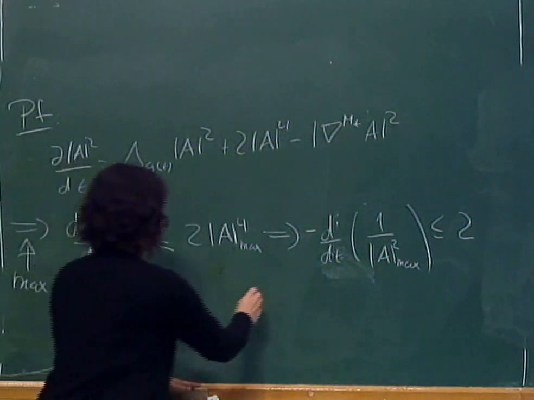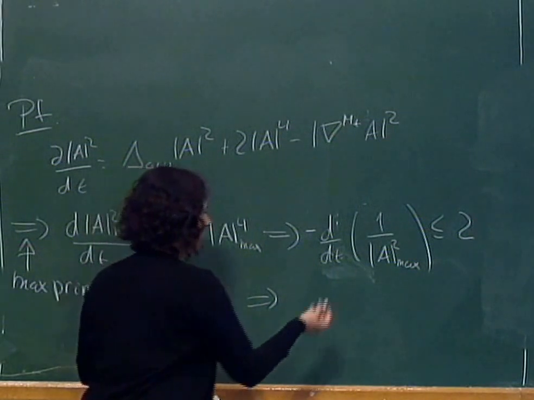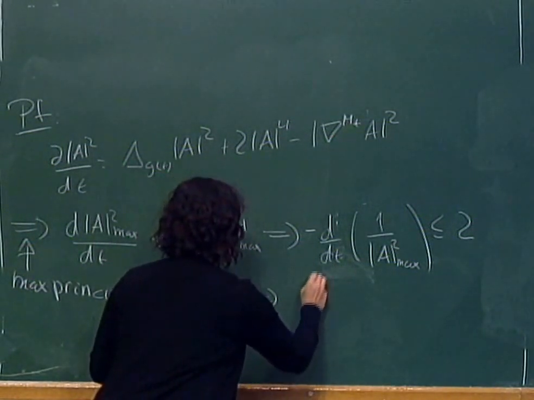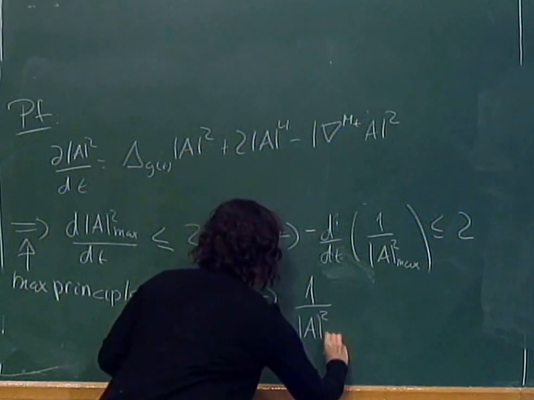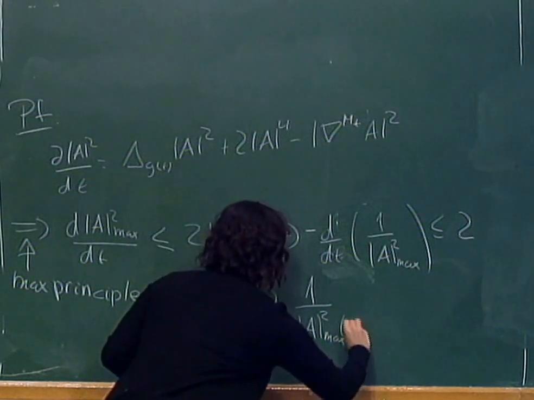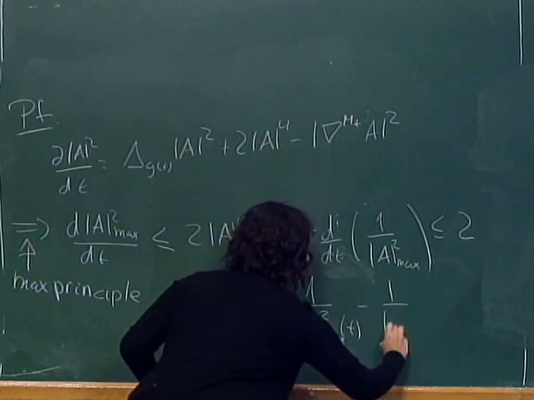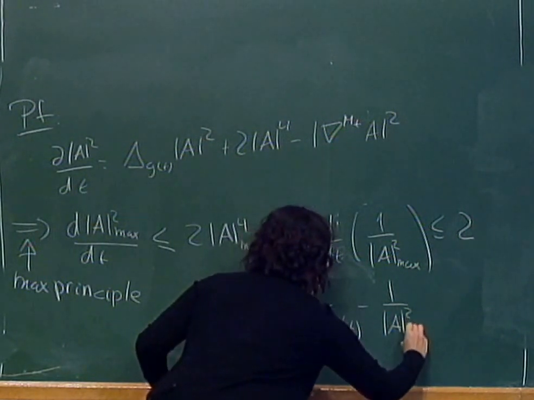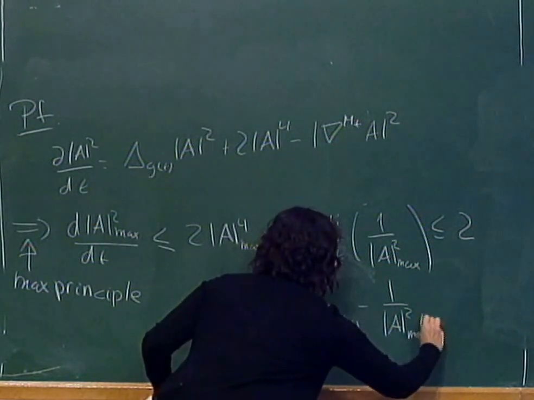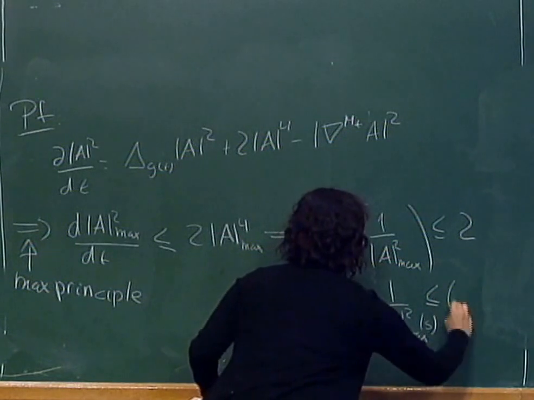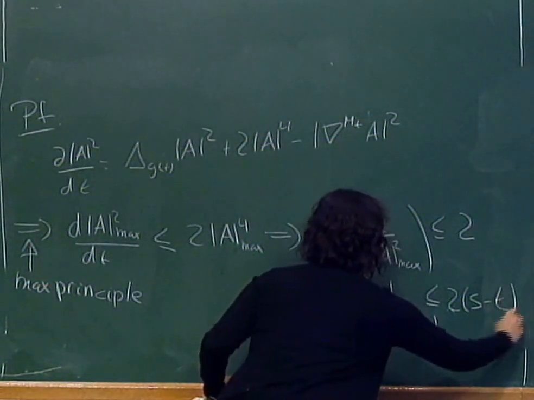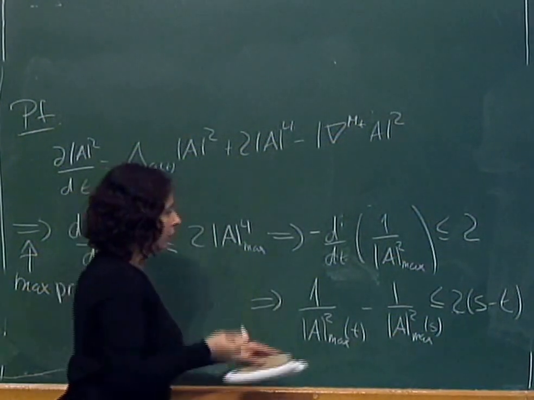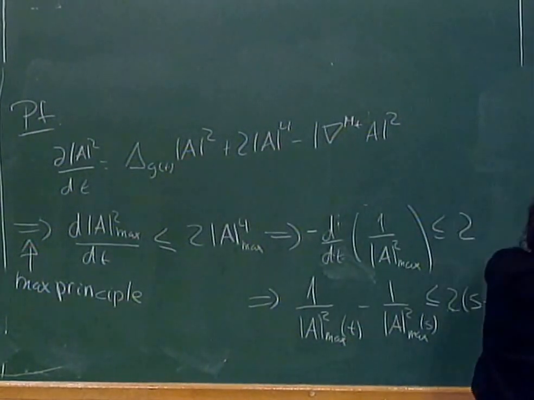Perfect. So when I integrate here between t and s, I can say that 1 over |A|² max at t minus 1 over |A|² max at s is 2 times s minus t. And now take the limit when s goes to t.